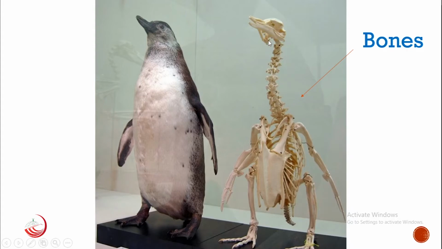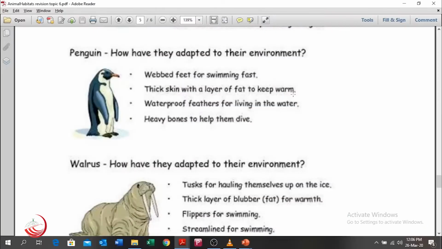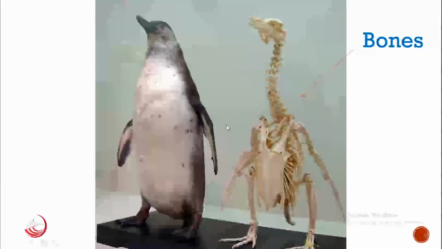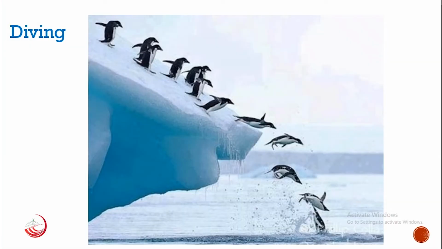So that's his head, his back or spine, his abdominal area, arms and legs, and his webbed feet, and that tail over there. So all creatures are made of bones. They have heavy bones to help them dive. Dive, that's diving. Jumping into water, like jumping underwater. So all of these penguins, they're diving underwater.